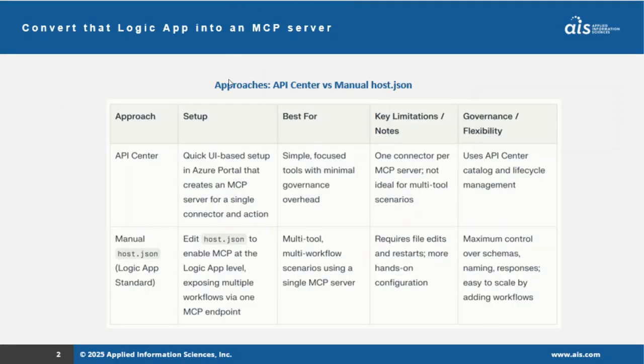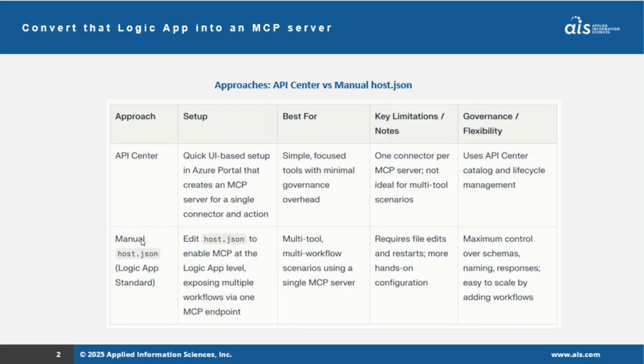There are primarily two basic approaches to expose a Logic App as an MCP server. The first one is with the API Center wizard. This quickly spins up an MCP server backed by a single action and connector. This is best for simple, focused tools, but limited to one connector per server instance.